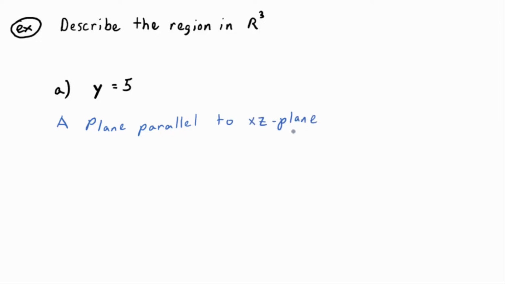And how far from that XZ plane is it? 5 units from it, 5 positive units, just to be specific, because I suppose you could confuse that description with y equals -5 if I hadn't put 5 positive units.